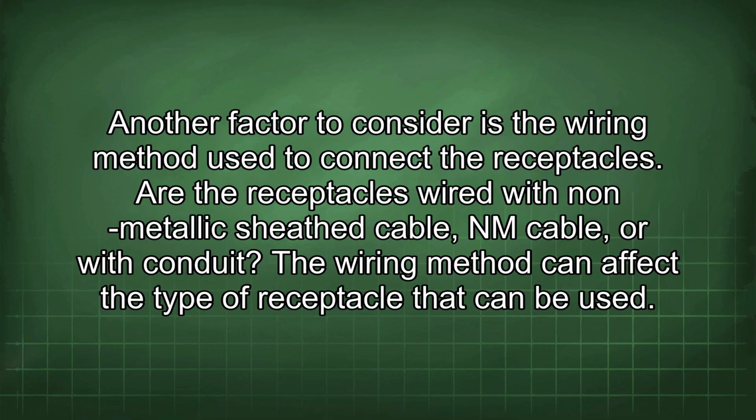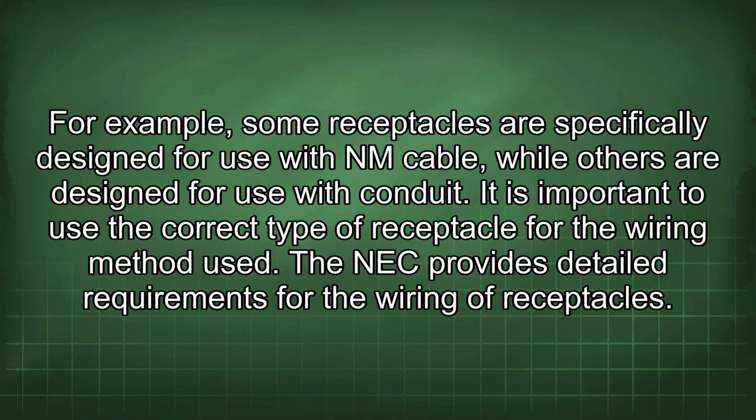Another factor to consider is the wiring method used to connect the receptacles. Are the receptacles wired with non-metallic sheath cable, NM cable, or with conduit? The wiring method can affect the type of receptacle that can be used. For example, some receptacles are specifically designed for use with NM cable, while others are designed for use with conduit. It is important to use the correct type of receptacle for the wiring method used.